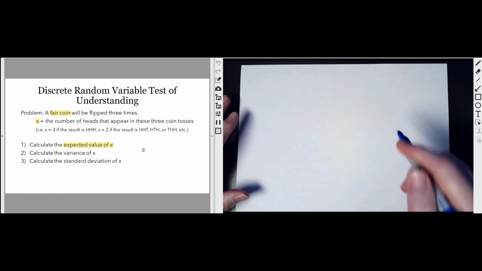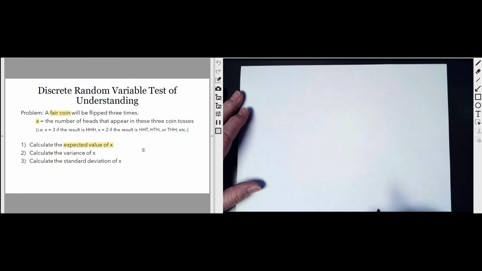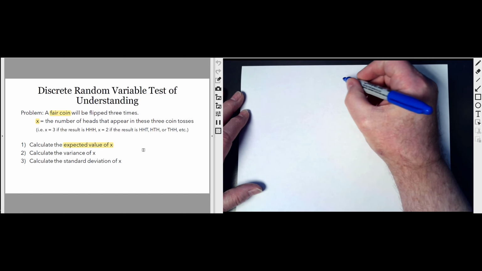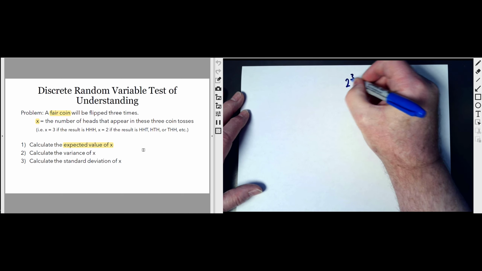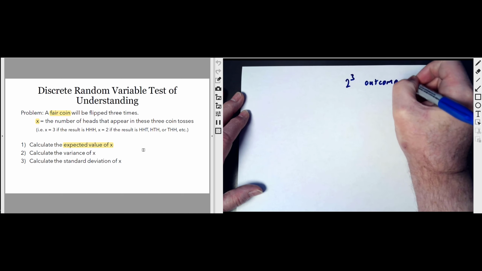We can enumerate the possible outcomes. Okay? There have to be 8. There are 2 possible outcomes for each coin flip, and we're doing 3 coin flips, so there have to be 2 cubed outcomes possible.